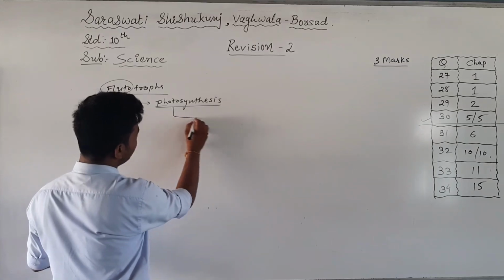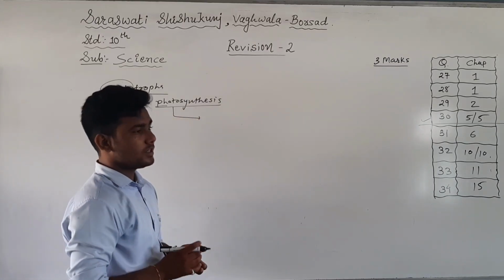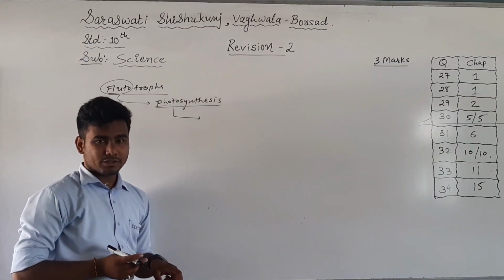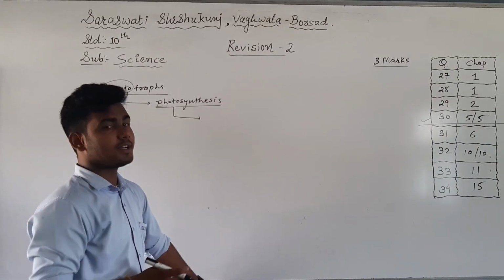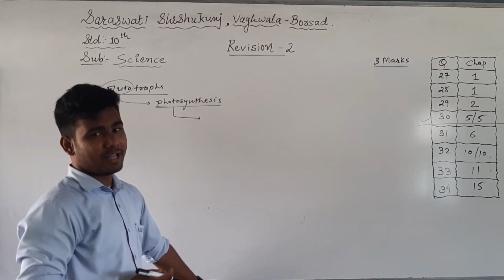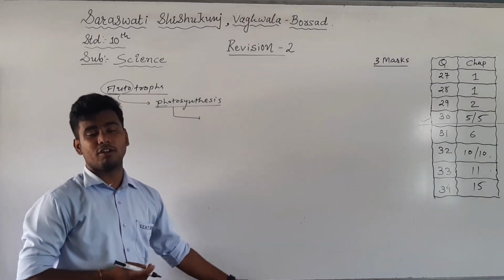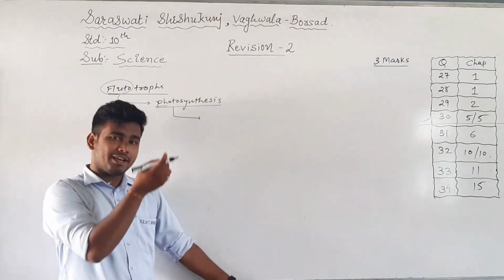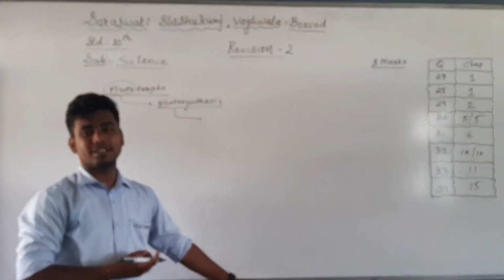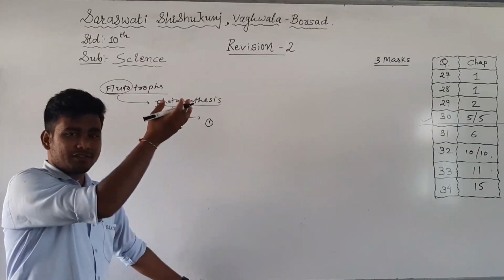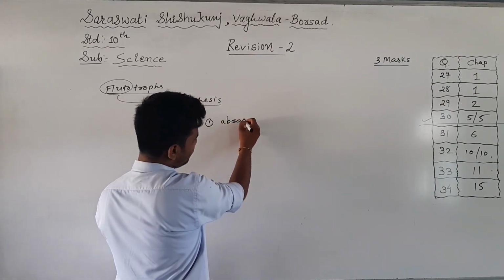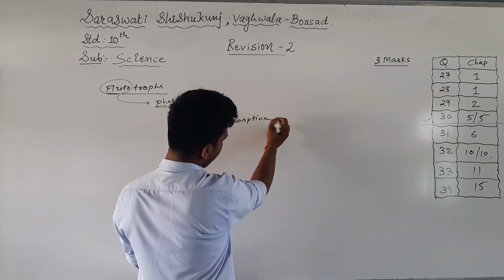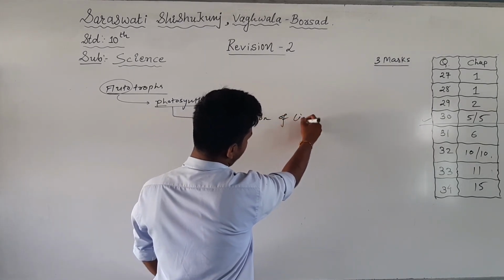Now beta, what is done in photosynthesis? Using carbon dioxide and water, in the presence of sunlight, and with the help of chlorophyll, plants prepare their food. That process is called photosynthesis. This photosynthesis takes place in 3 steps. The first step, as you all know, is the absorption of light energy.